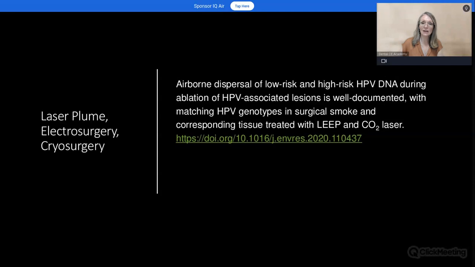And they've inhaled that plume because they have not protected their airway and have not used any sort of extra aerosol mitigation. What happens is that these gynecologists have developed lesions in the oropharyngeal area with matching HPV genotypes in the surgical smoke and the corresponding tissue that was treated with a CO2 laser.